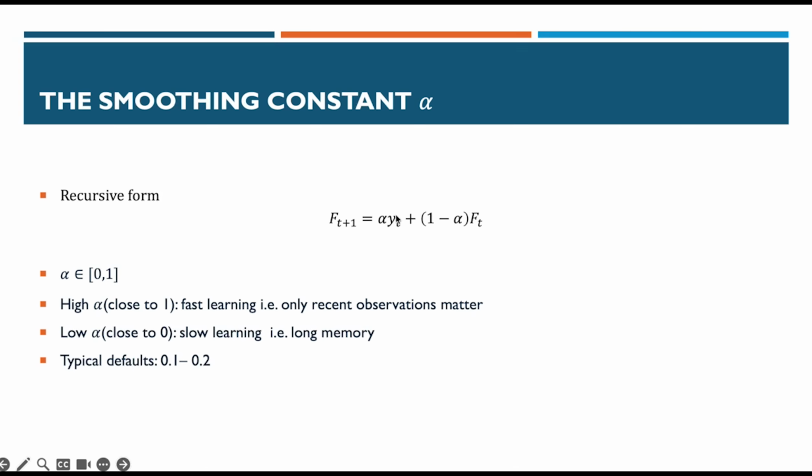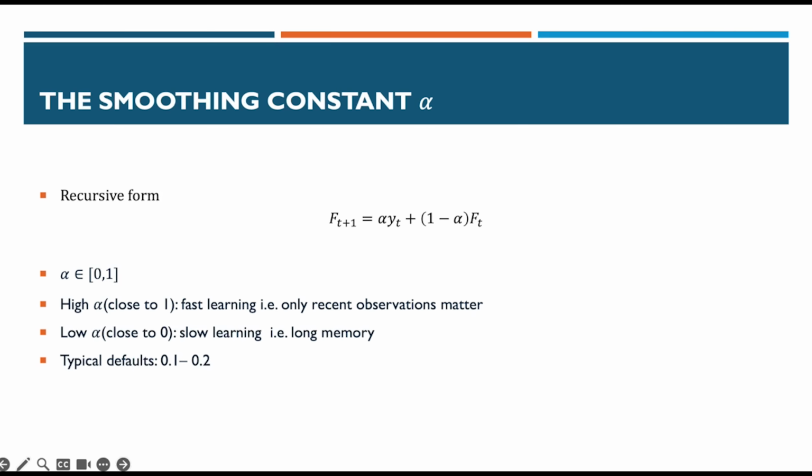That means this term is going to be closer to 0, and we rely completely on the forecasted value, which already relies on the previous actual values. So when we say slow learning, the new forecast depends mostly on the previous forecast. Older data keeps a strong influence, long memory, and the model reacts slowly to new shocks in the data. That's why we call it slow learning.